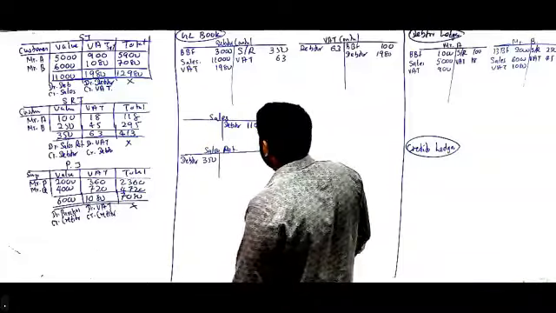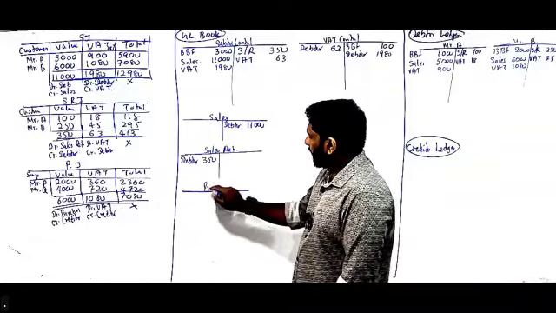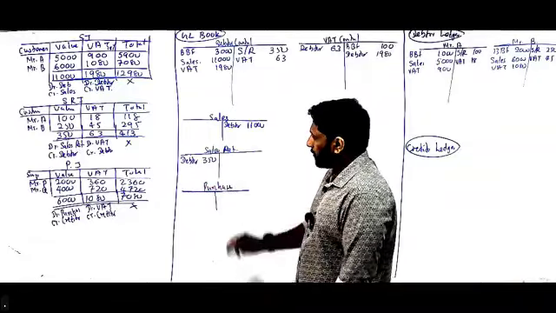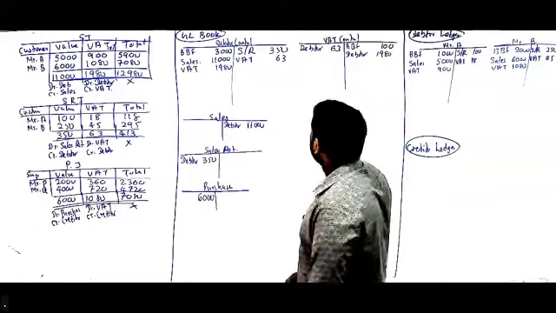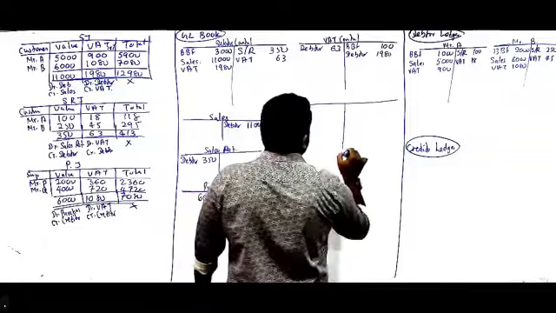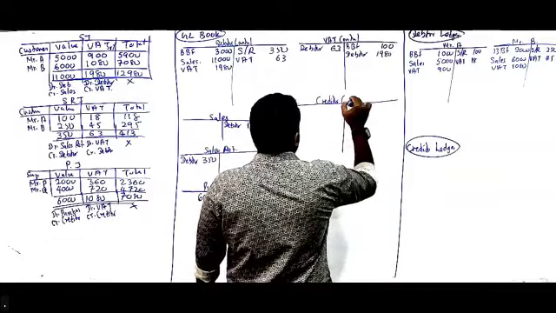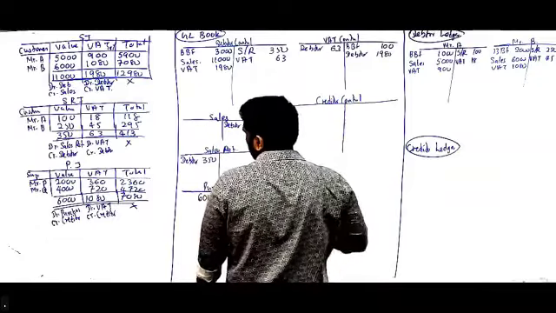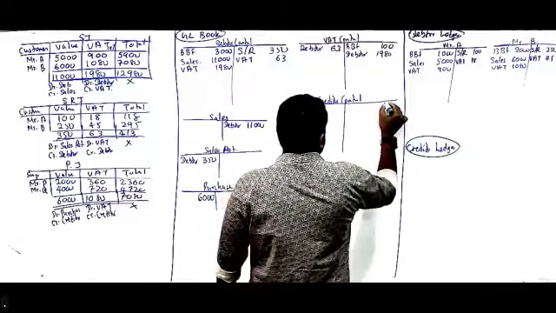So let's record it now. Purchase. Debit the purchase 6000. We'll open a creditor control account. Credit the purchase 6000.